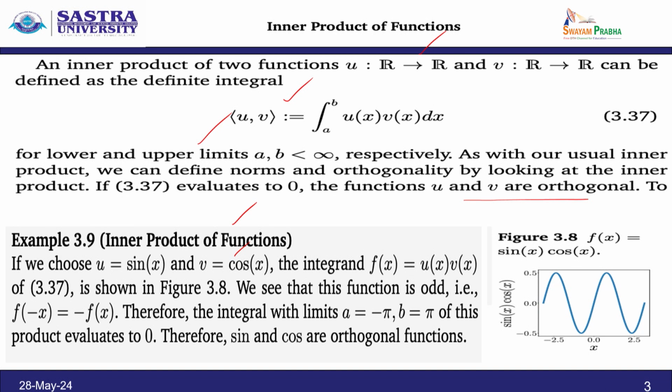That figure shows the sinusoidal wave, and the cos x is represented the same way, and when we multiply them we get a signal like that. This is the inner product of the functions. Taking the limit a equal to minus pi and b equal to pi, the product evaluates to 0 because one is orthogonal to the other. Therefore sin and cos are orthogonal functions.